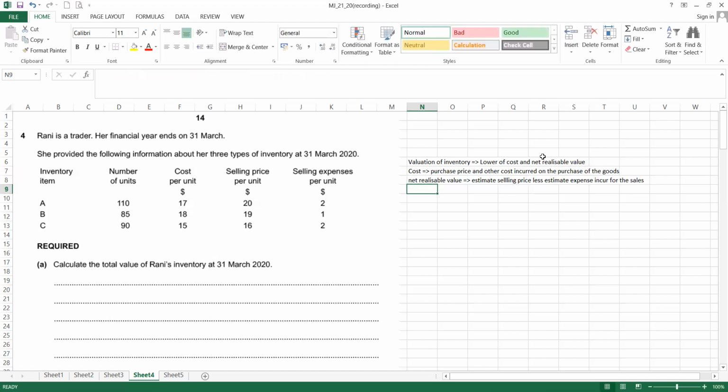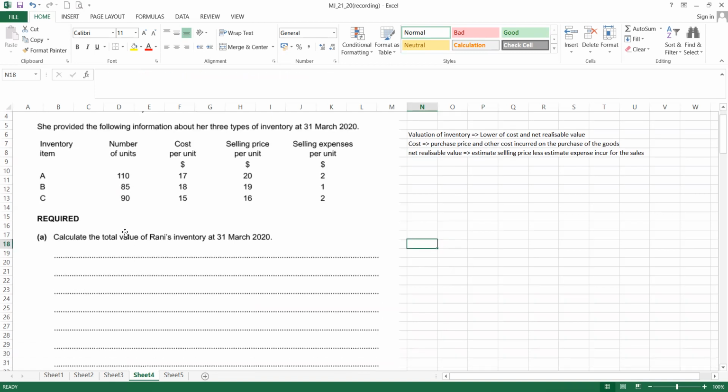So there is an estimate, because you don't know how much you can sell it for, so it just means an estimate, not the actual. To calculate this, based on this valuation, lower of cost and net realizable value, we need to see the 3 items in here.